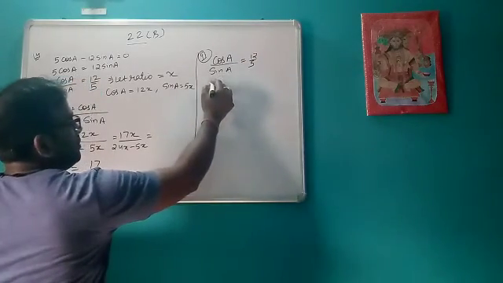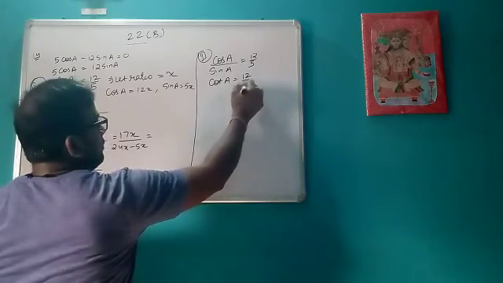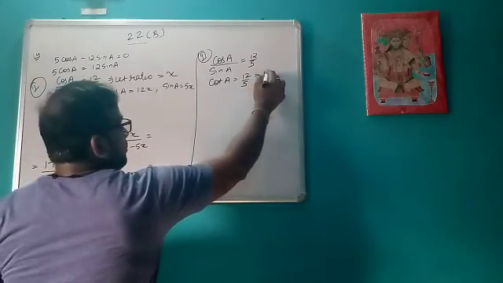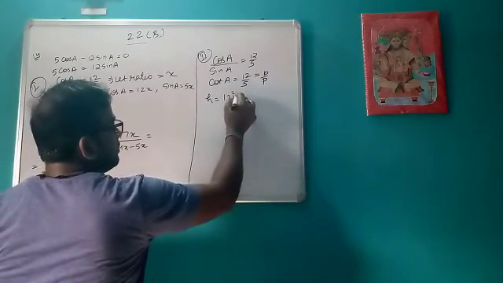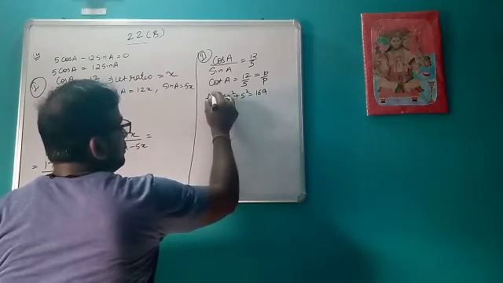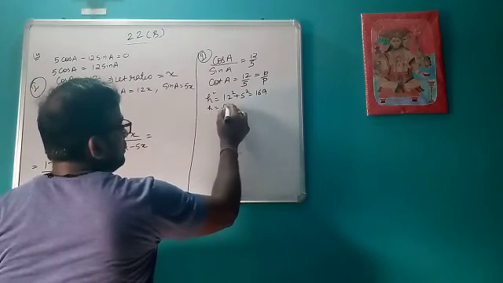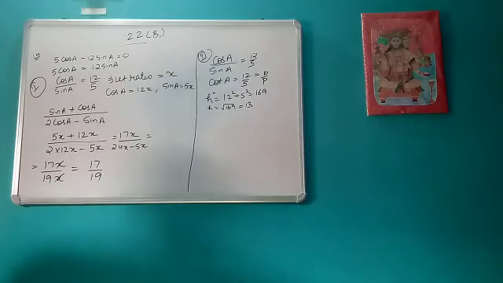So what is cos upon sin? It is cot of A is equals to 12 upon 5. So what was cot? B upon P. So we will find the value of H. That is, so you will get 169. So H you will get as root 169 equal to 13. Okay, second way of doing this.